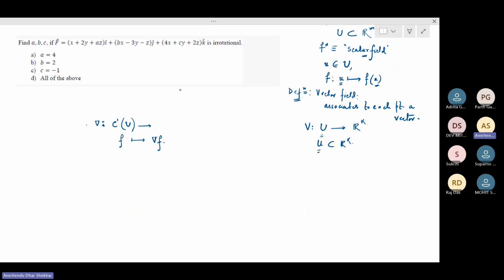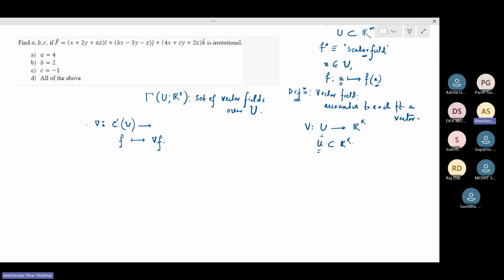I'm going to use this symbol Gamma(U, R^k) as the set of vector fields over U. Of course, when I say the set of vector fields over U, one has to then say if this is continuously defined, if this is smoothly defined, how it is defined.